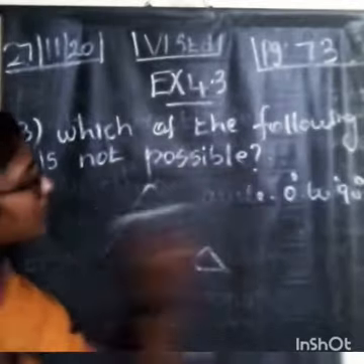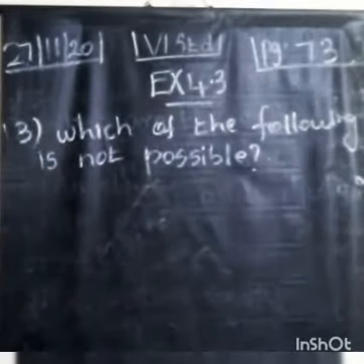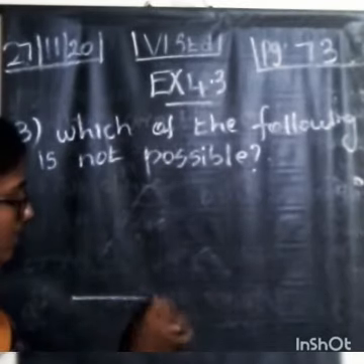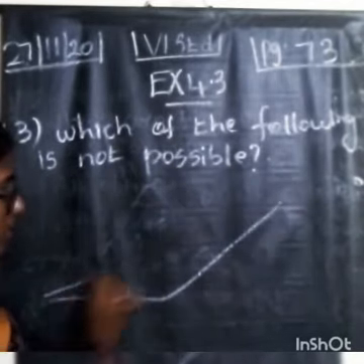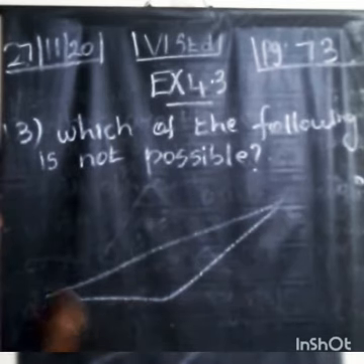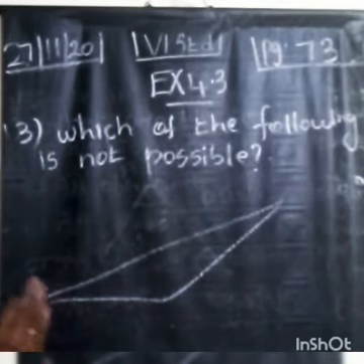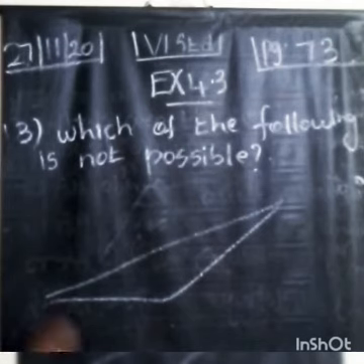Taking option C, an obtuse equilateral triangle. Equilateral means all three angles are equal.